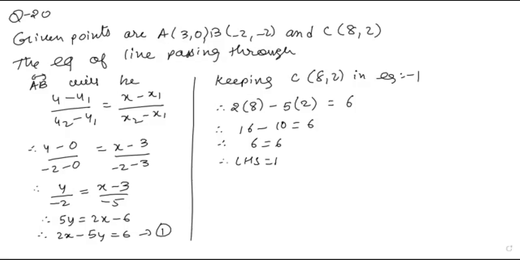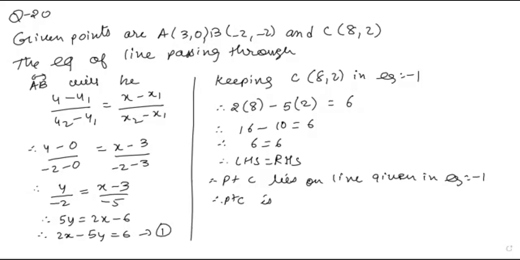Left hand side is equal to right hand side. Therefore point C lies on the line given in the equation, that is, point C is on line AB. Therefore A, B, C are collinear points. I can say that.